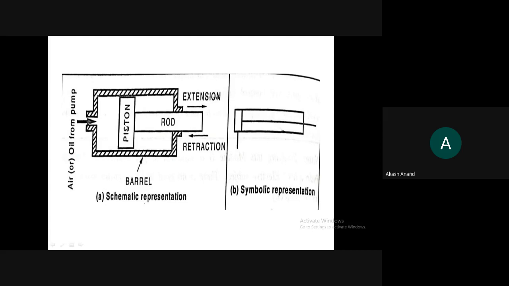Due to the pressure exerted by this fluid on the piston, the rod moves. Extension and retraction of the rod is happening. Only from one side is the pressurized fluid coming, so this type of actuator is called a single acting actuator. Here it is hydraulically driven, so it is called a single acting hydraulic cylinder.